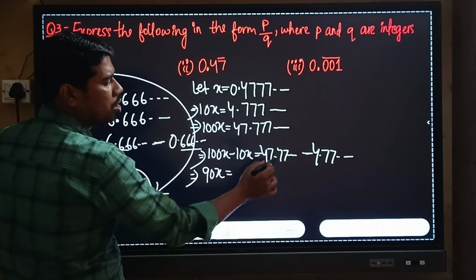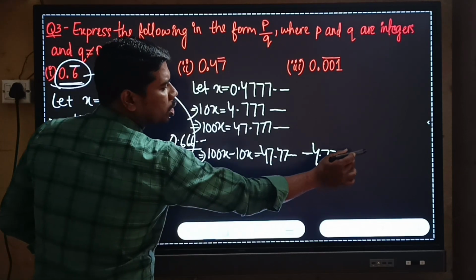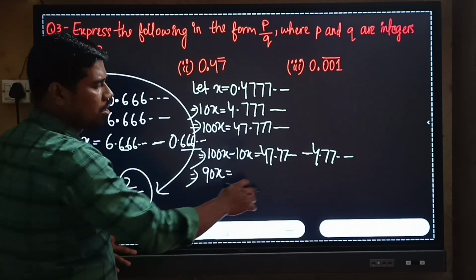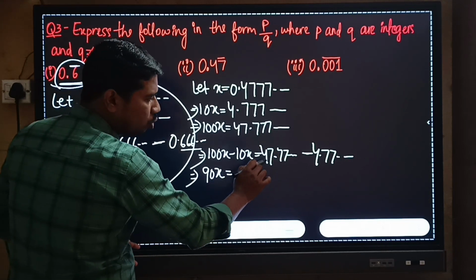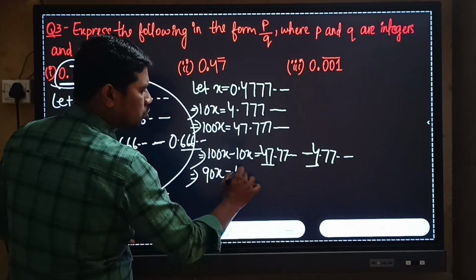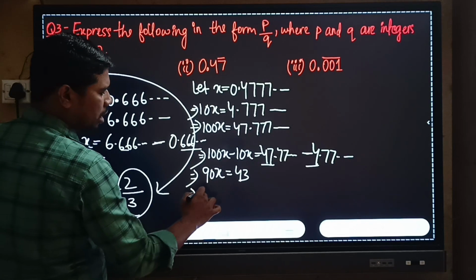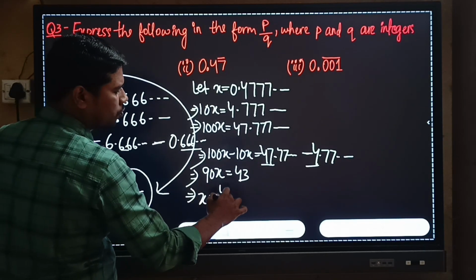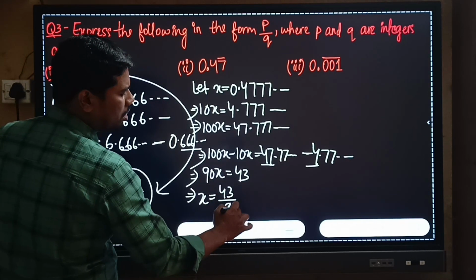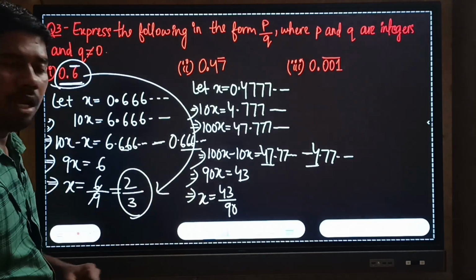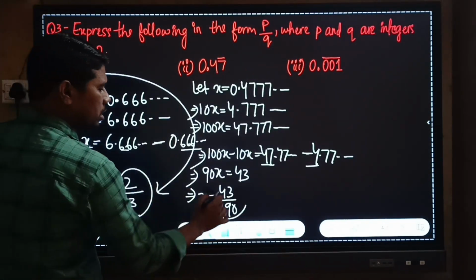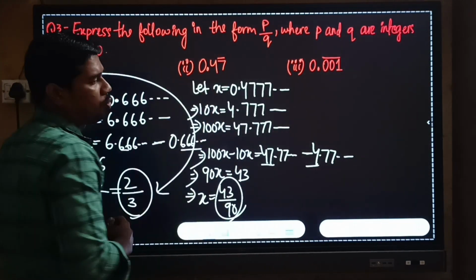That is equal to 0.777 minus 0.777, it will become 0 in subtraction. Then 47 minus 4, the result is 43. So now we get x equal to 43 by 90. 43 upon 90. So this is the answer of 0.47.